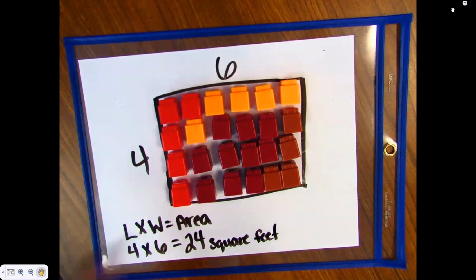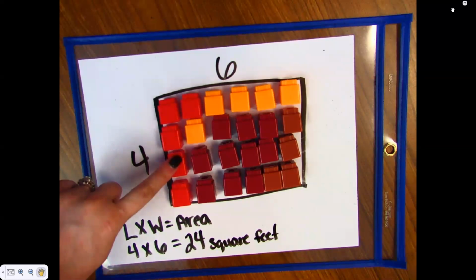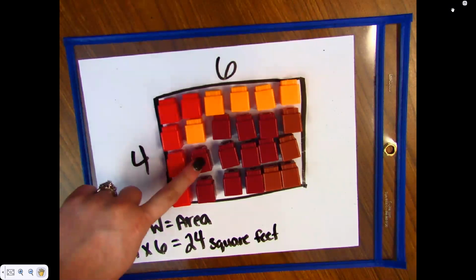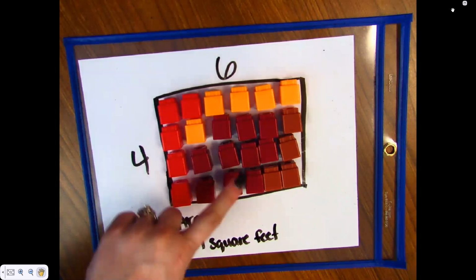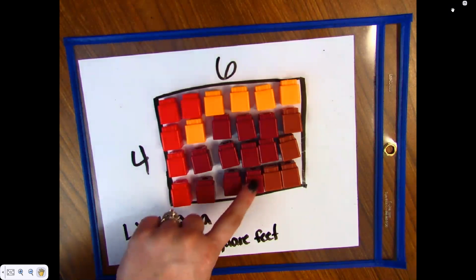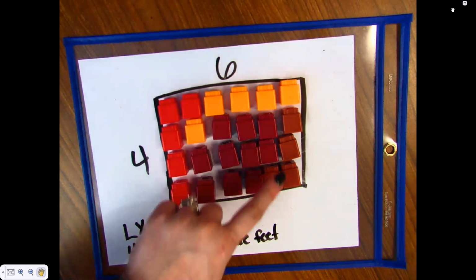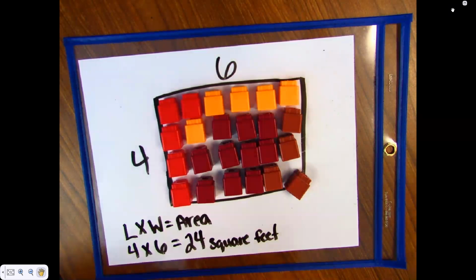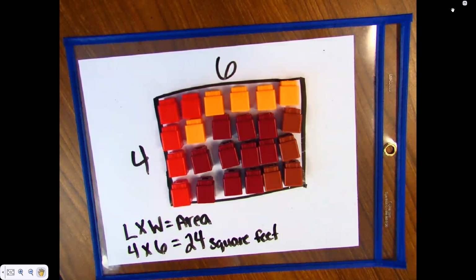Let's see if I have 24 cubes on the inside of this square. 1, 2, 3, 4, 5, 6, 7, 8, 9, 10, 11, 12, 13, 14, 15, 16, 17, 18, 19, 20, 21, 22, 23, 24. Were there 24 cubes? Yes. In my square? There were, right?